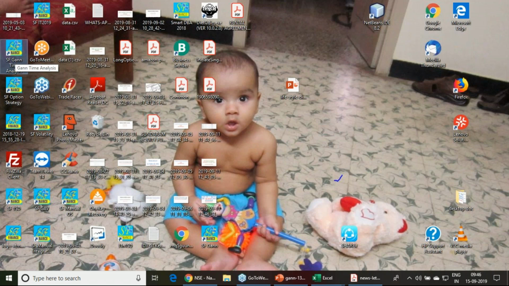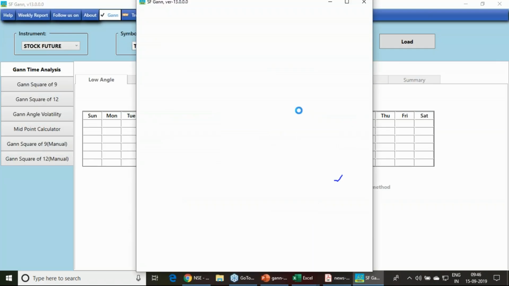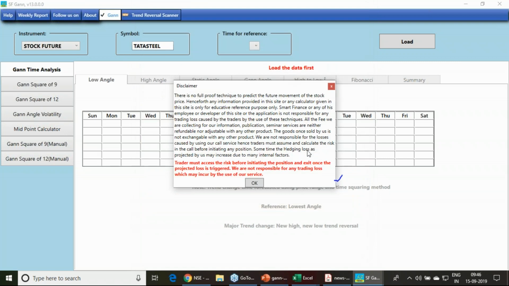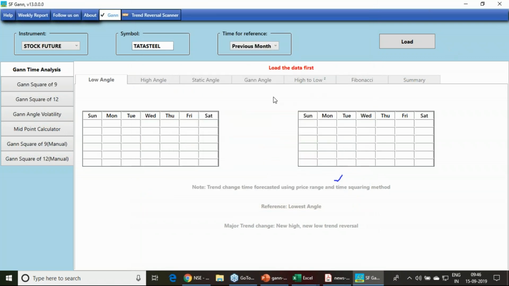Minor trend reversal date means on those days consolidation can happen. So on consolidation days, what kind of trade is more suitable? If you use the Gann angle method on that particular day for intraday trade, it will give you more accurate results.